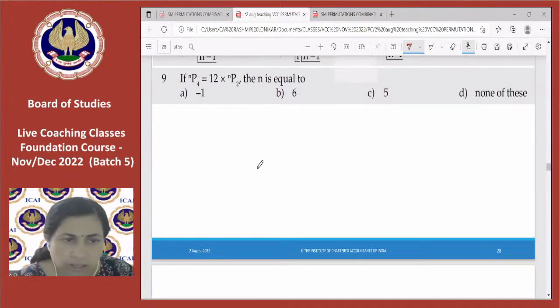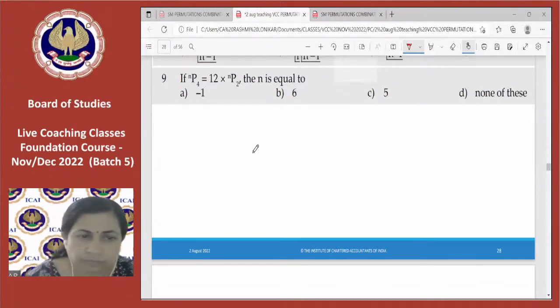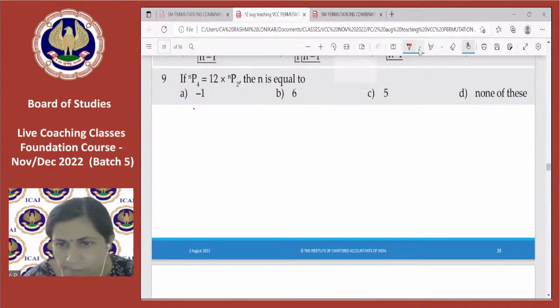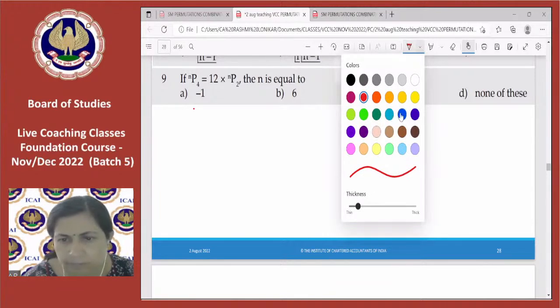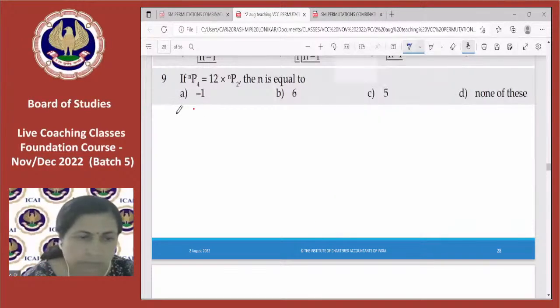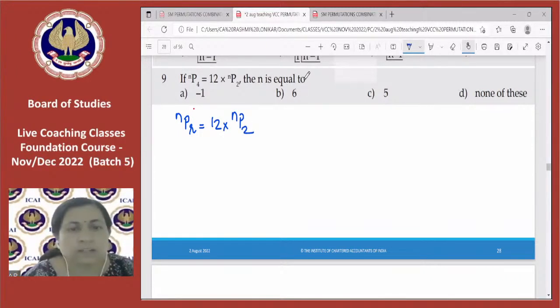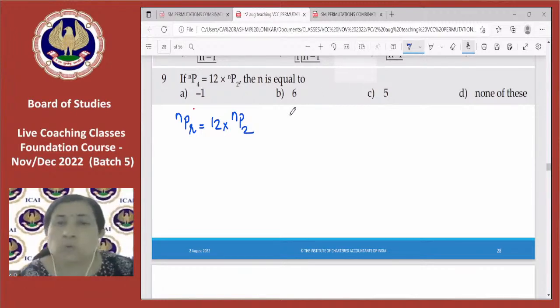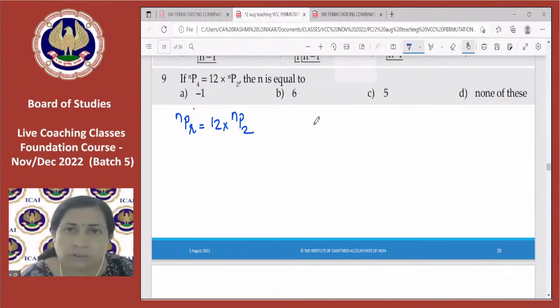Okay. Let us take this sum. Now NPR is equal to 12 into NP2. Then N is equal to? So one simple method is I will put the numbers and see whether they are satisfying LHS and RHS.